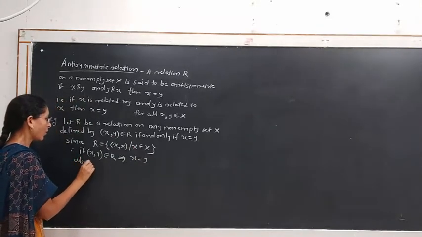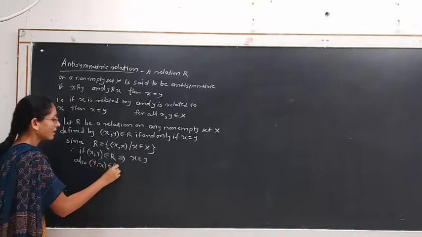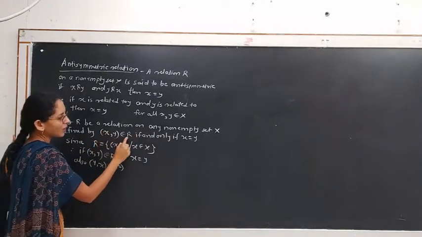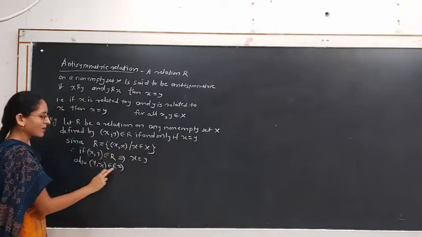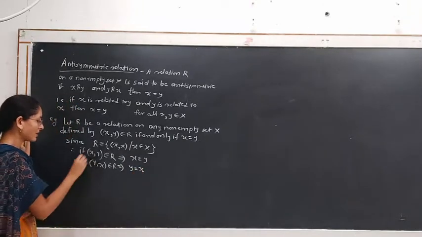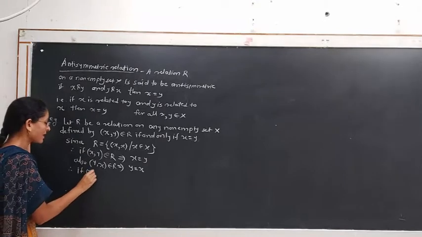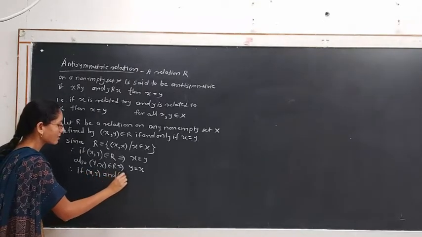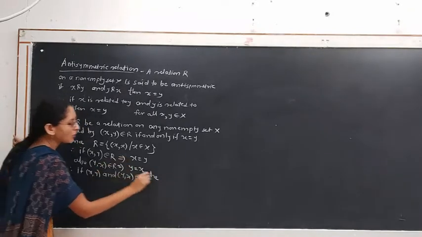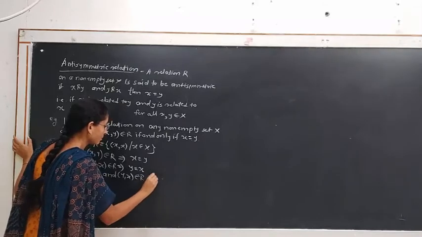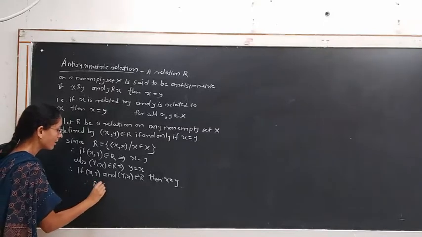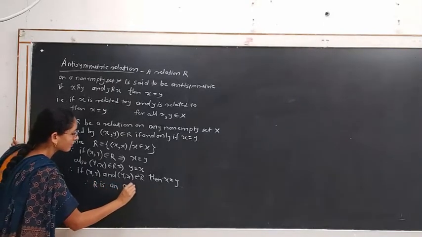Also, (y, x) belongs to R implies y is equal to x. Hence, if (x, y) and (y, x) belong to R, then in both cases we have x is equal to y. Therefore, R is an antisymmetric relation.